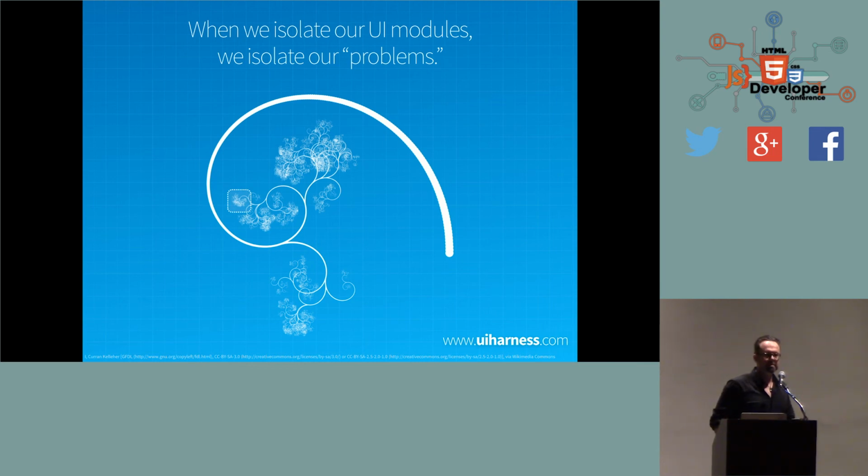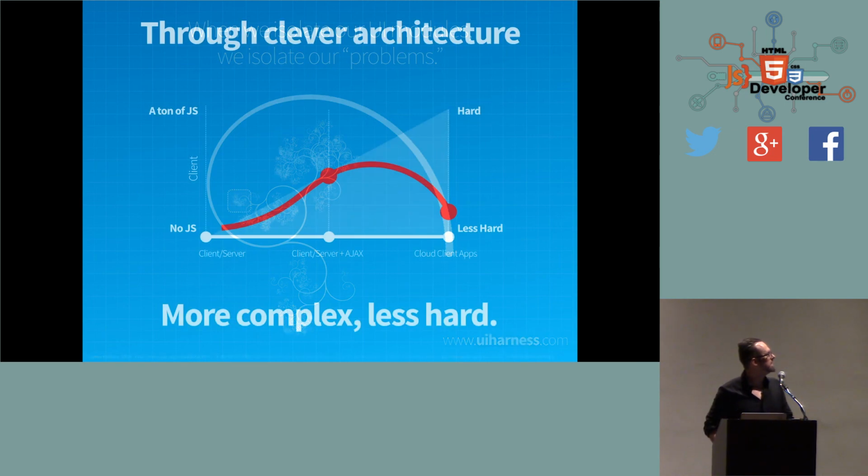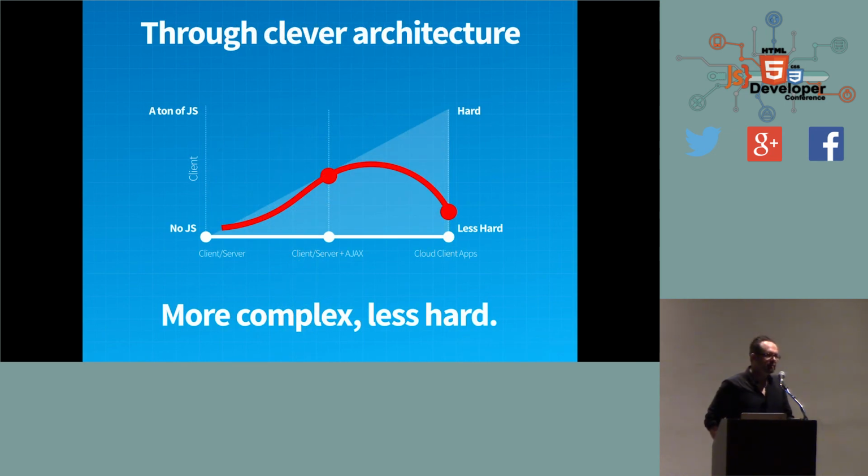We isolate our problems, and we can drill in and out of the complexity at any level if we start to write tests in this way, if we start to break the UI up into modules and then get those modules out in a way that we can prod and manipulate them. And through clever architecture, using the technologies that we have today, things can become more complex but be considerably less difficult to build.